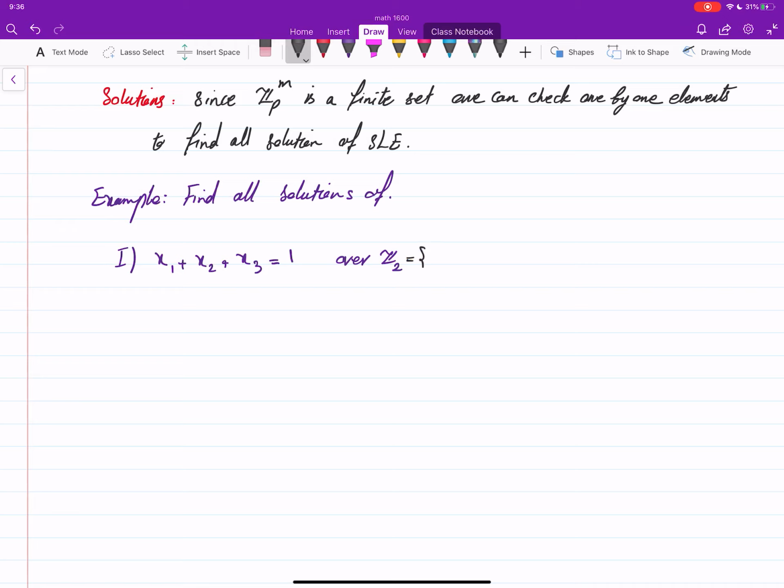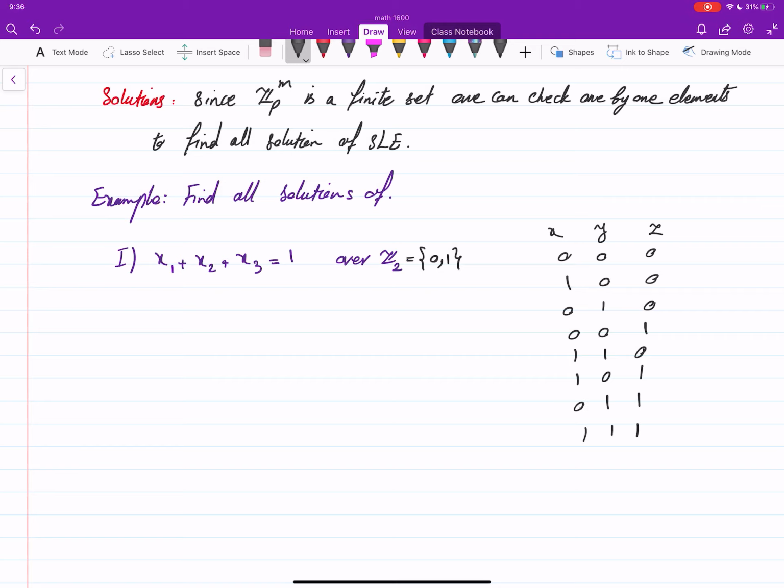Remember, Z2 has only two elements, 0 and 1. So plug in all the possible values: all zeros, one 1, two 1s, and then all three.